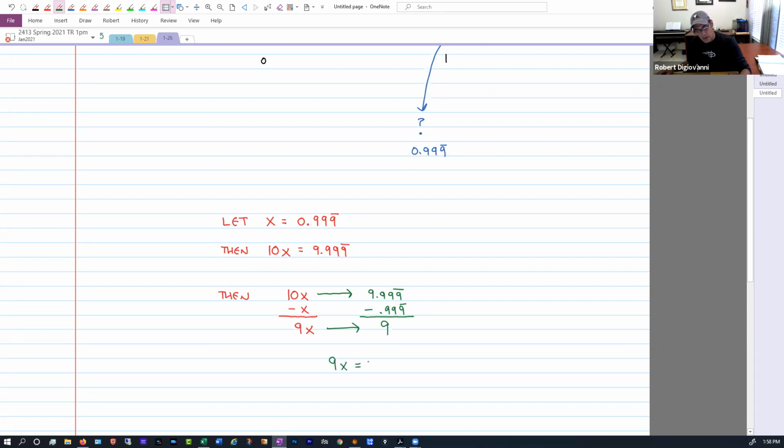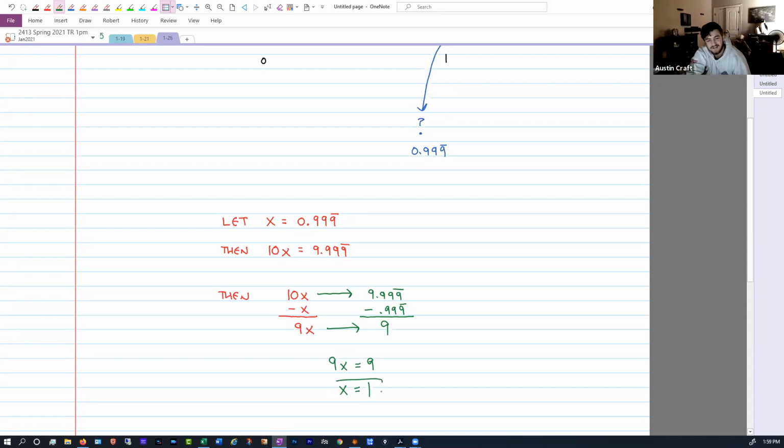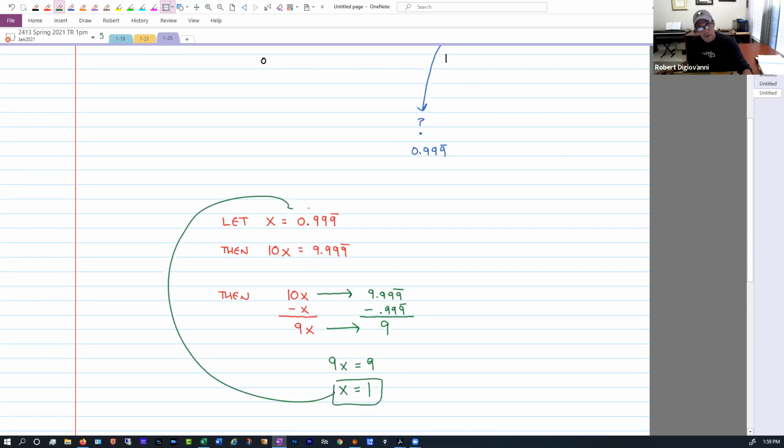Which means x has to be what? 1. But x is this. So what I just showed you is that the number 0.9999 forever is not the number right next to 1. It actually is the number 1.